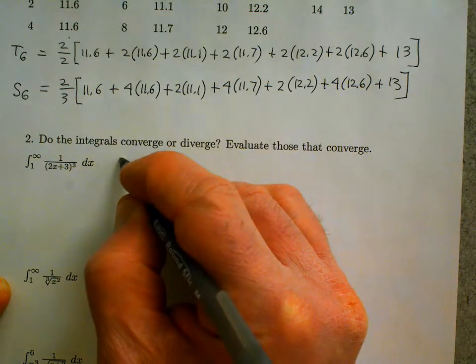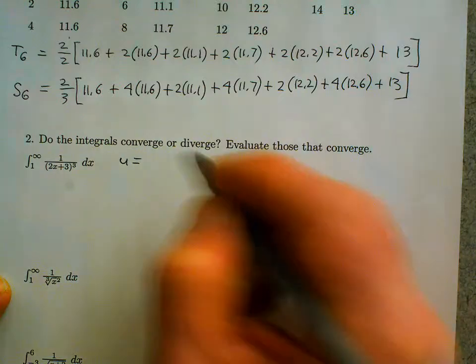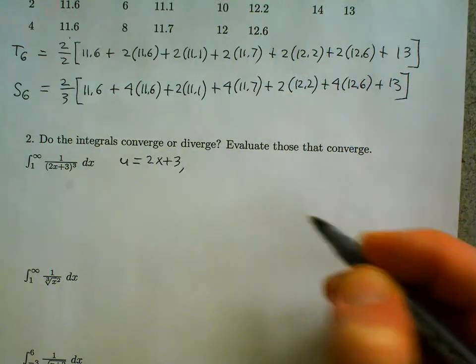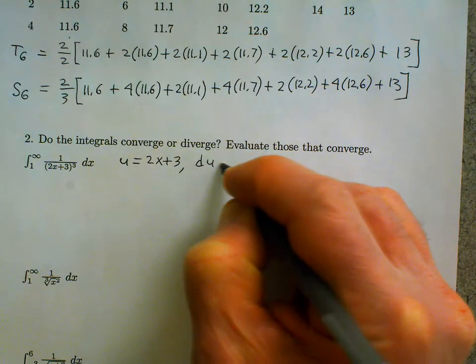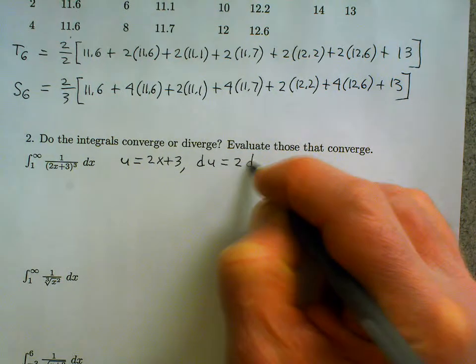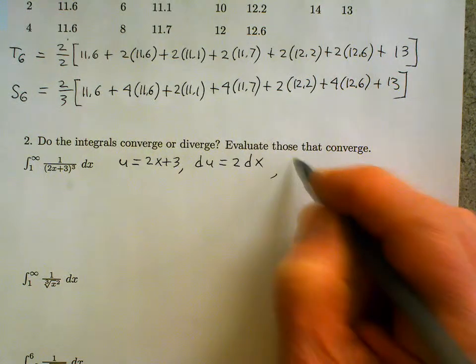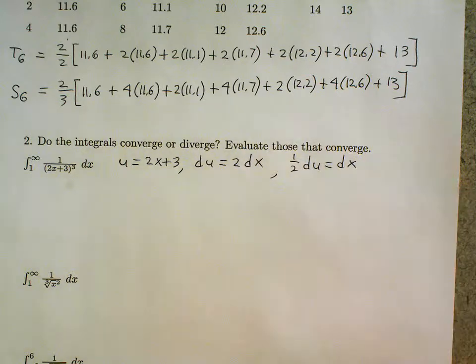If it helps, you can use a substitution. Let u be 2x plus 3, and so du is 2 dx, and so 1/2 times du is dx.